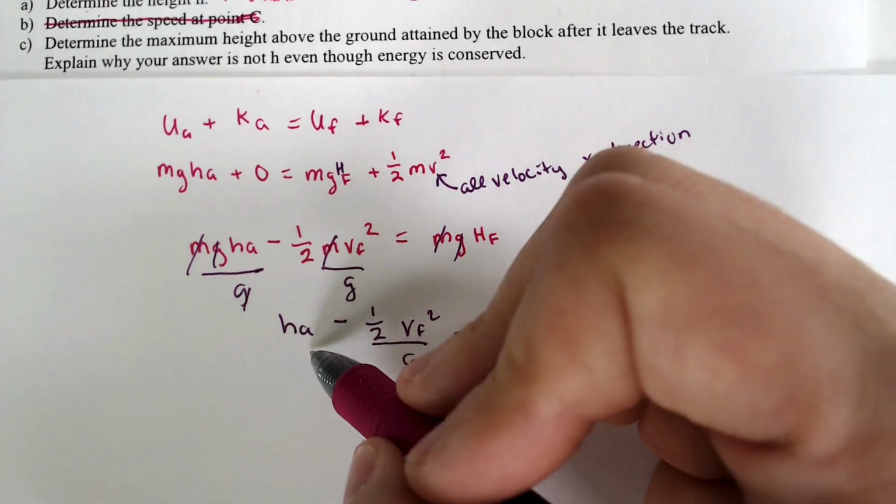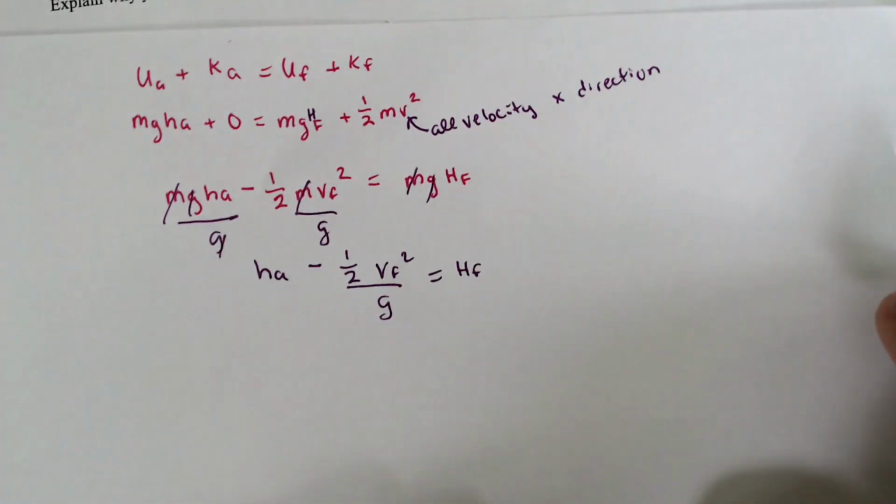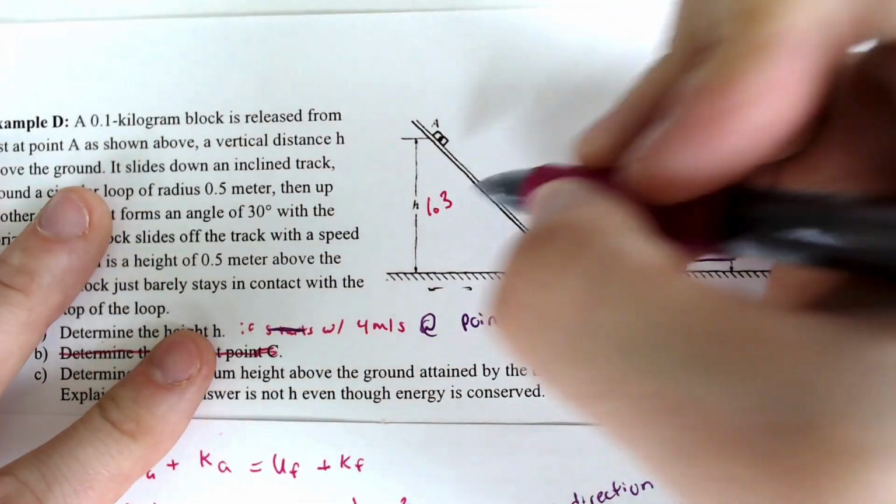So the h of point A, that was what we found in the very beginning, was 1.3. Okay, so h_A was the height in the beginning, 1.3 meters.